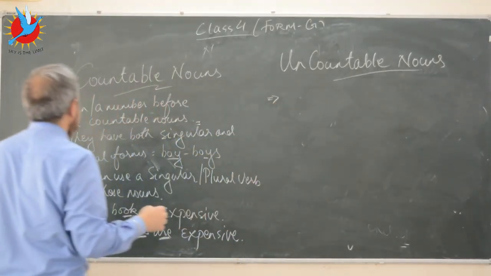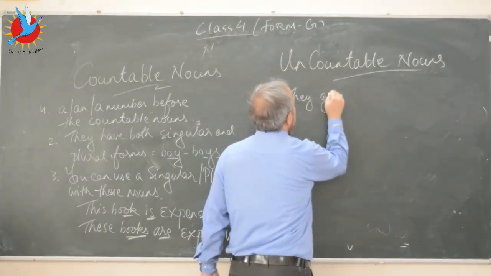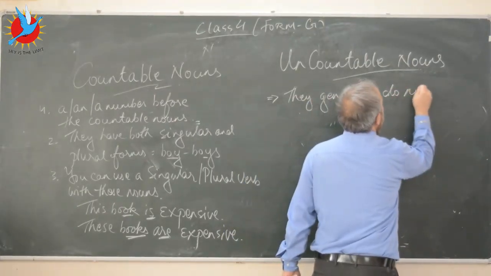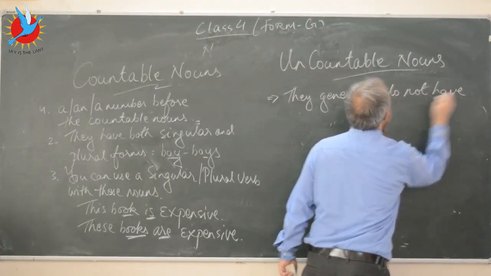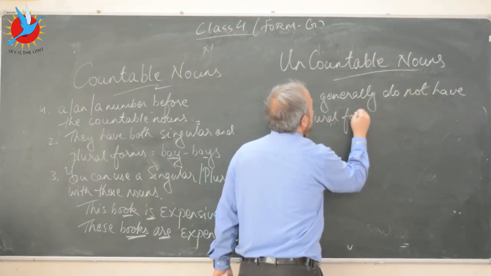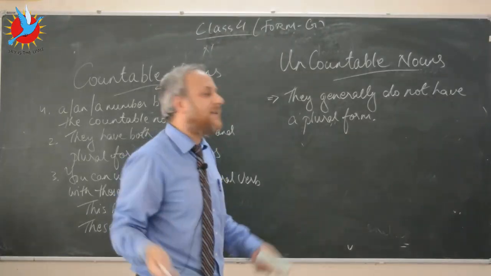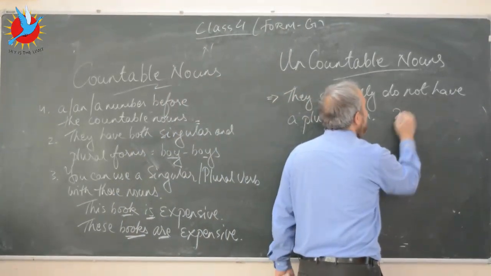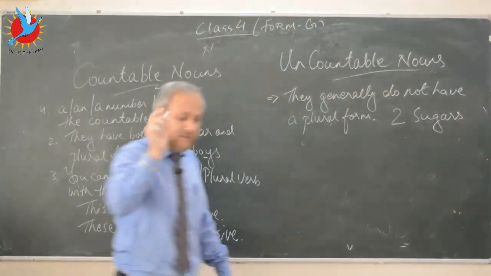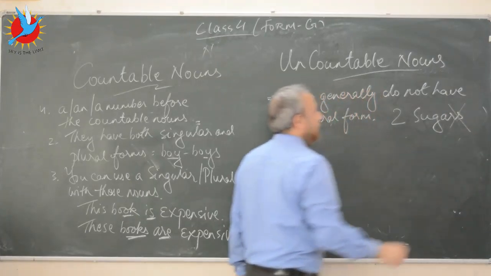They generally do not have a plural form. So what do I mean? Sugar is an uncountable noun. You can't say 2 sugars. This is wrong. You cannot say this.